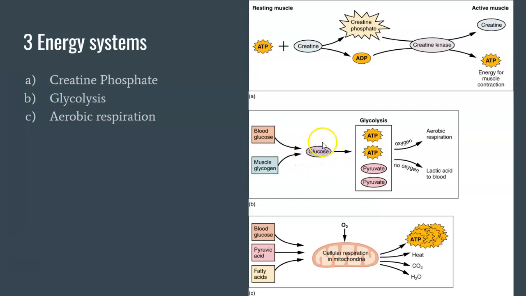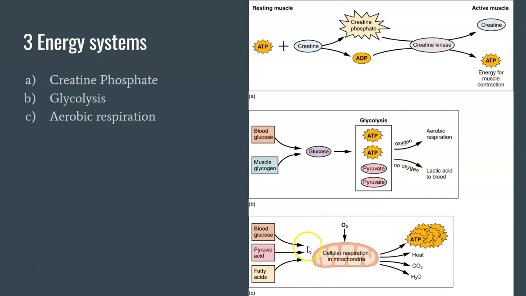I had you work with the models of carbon and oxygen, and I think I had you play around with those little molecular kits to build a glucose molecule. It's a pretty crucial molecule because it leads to ATP. And then the third energy system is aerobic respiration, and that's what this one is down here.